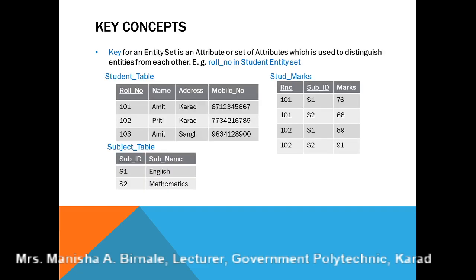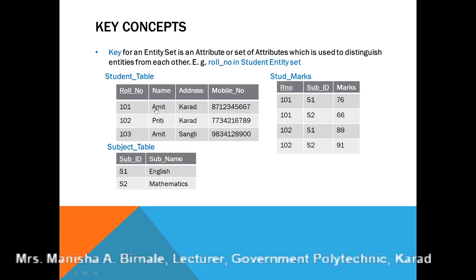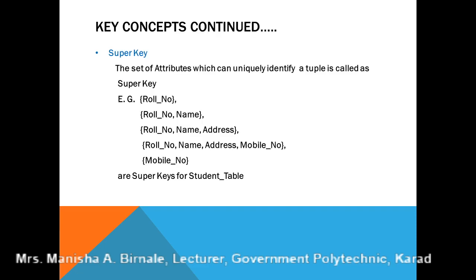For example, in the previous student table, the set consisting of the attribute roll number will work as a super key because it can uniquely identify each tuple. The second super key may be roll number comma name, because the combination of roll number comma name can also uniquely identify each record in the table.